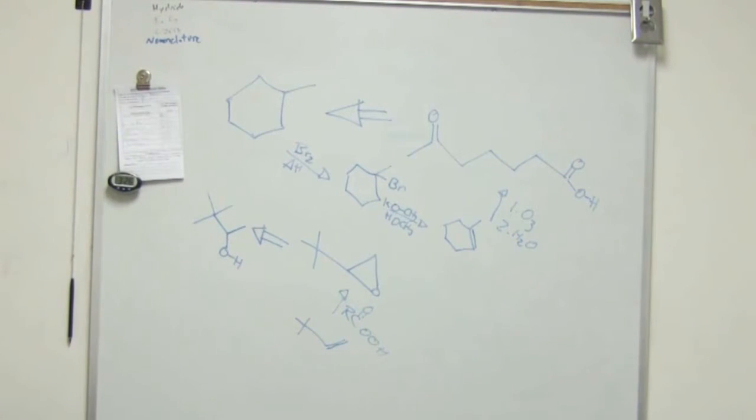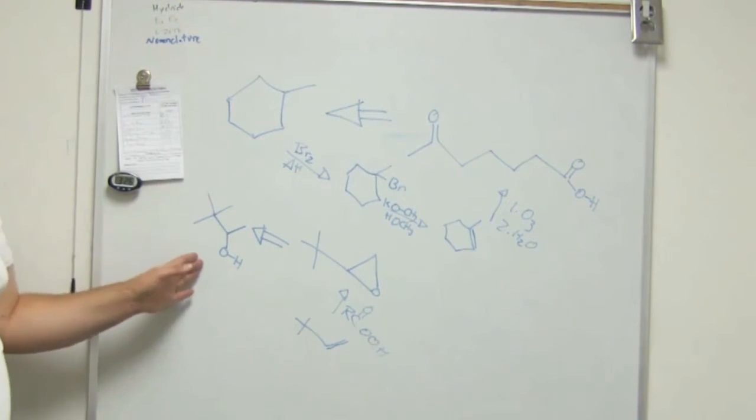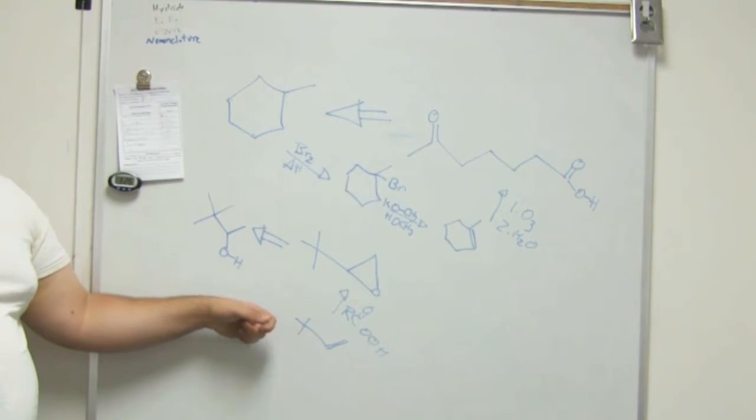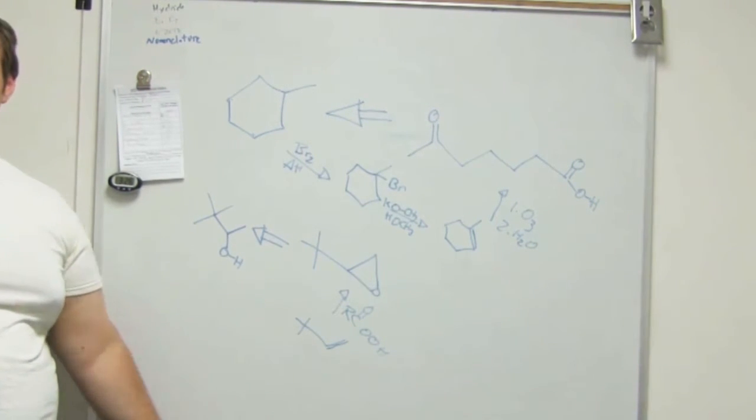So what else can we do with an alcohol? Well, can you do a peroxide swap it out? Because you want anti, right? Yeah, but there's really no way to make an anti double bond. Anti is usually when you have a double bond and you're adding bromide.